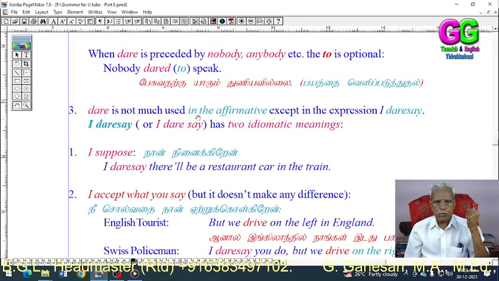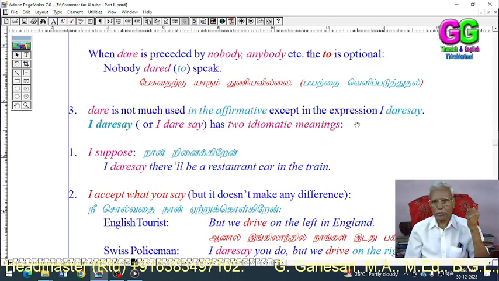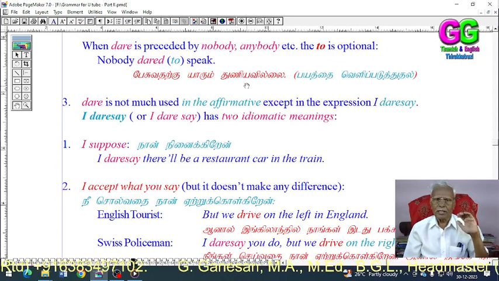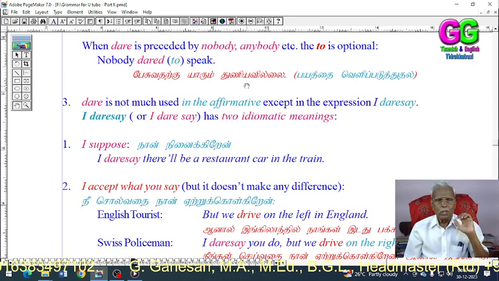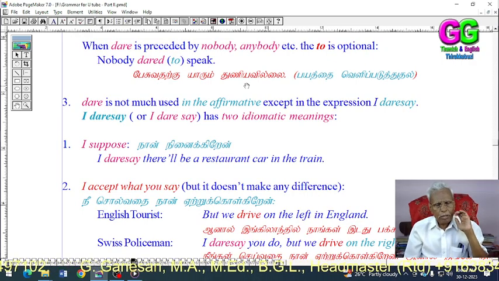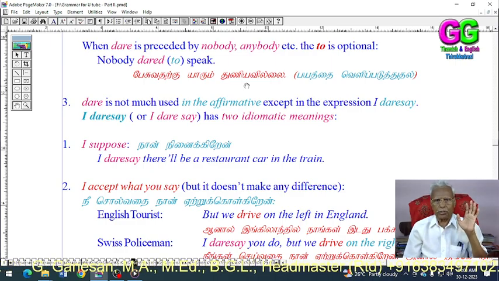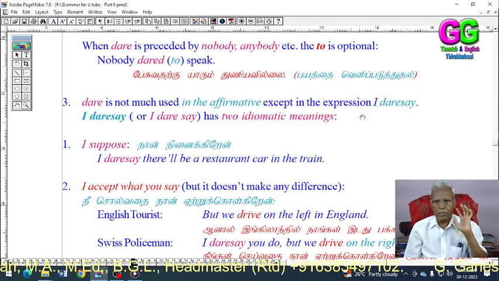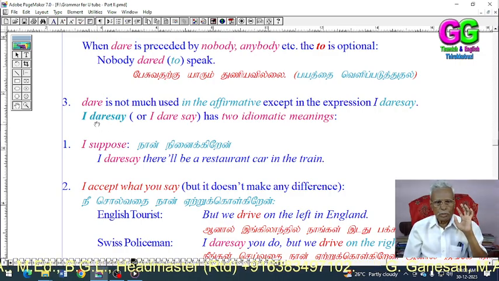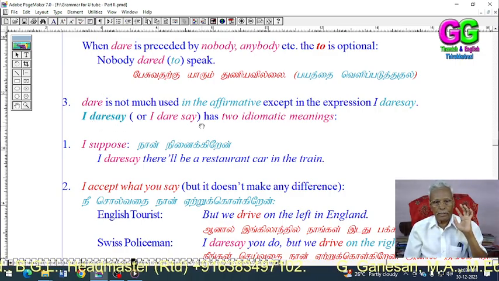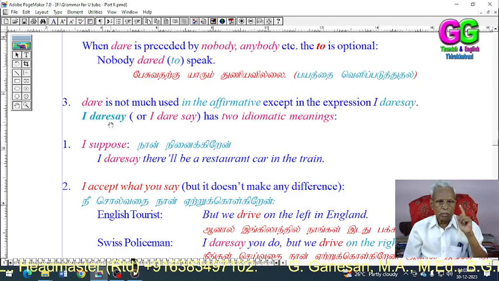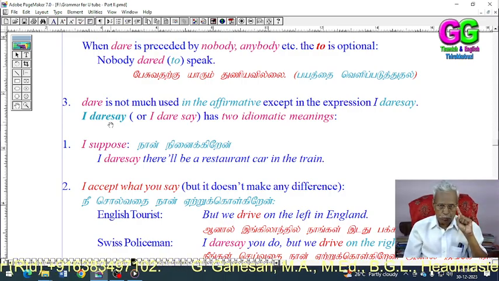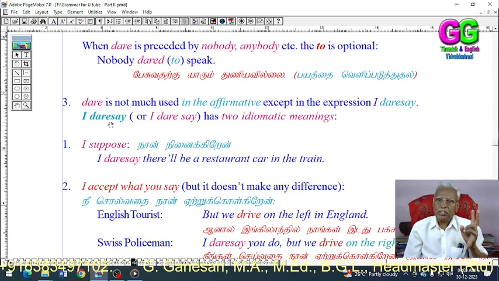Dare is not much used in the affirmative except in the expression I dare say. That is, as I already told you, dare is mostly used in negative sentences, except in one form, that is, dare say. I dare say can be used as one word, or split into two words.